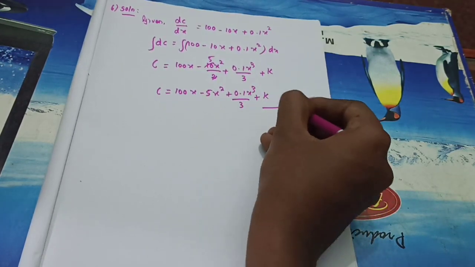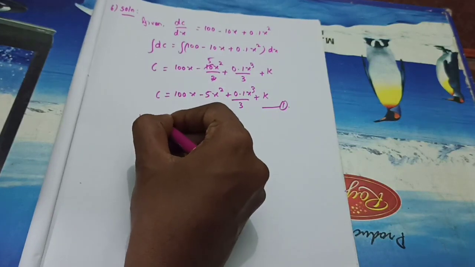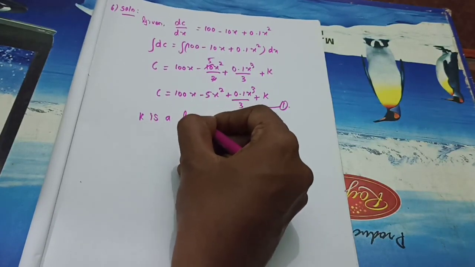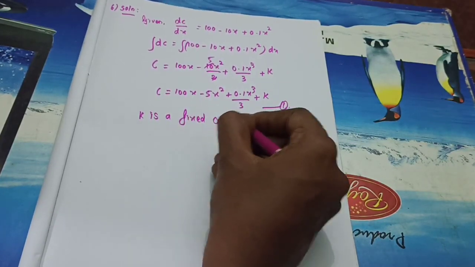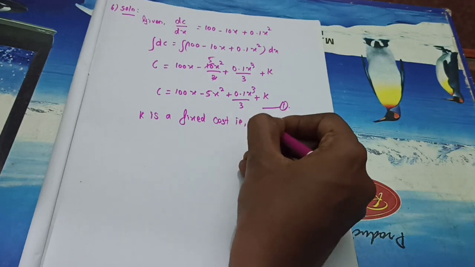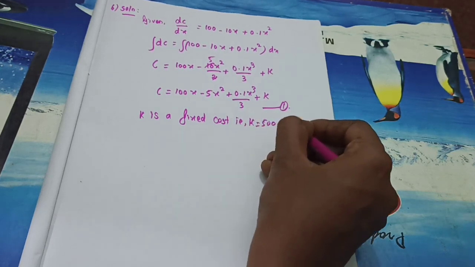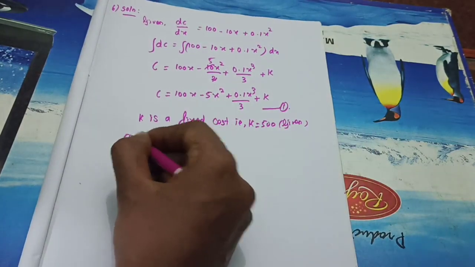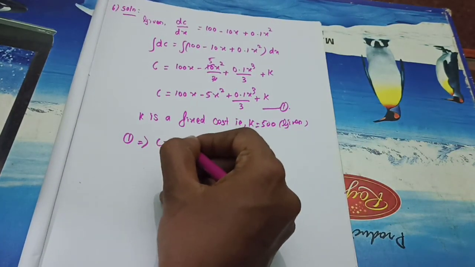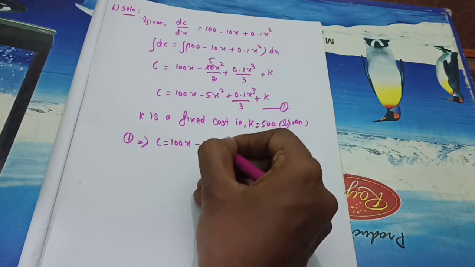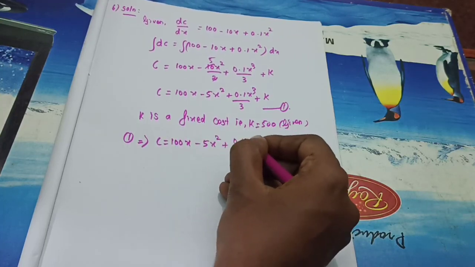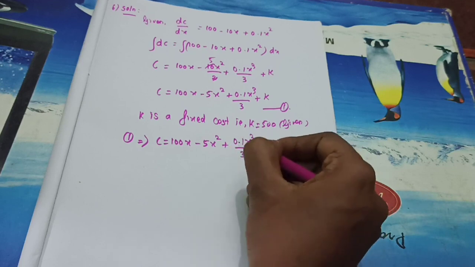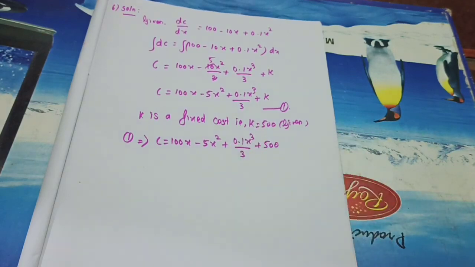So here K is a fixed cost. It is given in your question, fixed cost K is equal to 500. Now substitute this value in 1. So C is equal to 100x minus 5x square plus 0.1x cube divided by 3 plus 500.